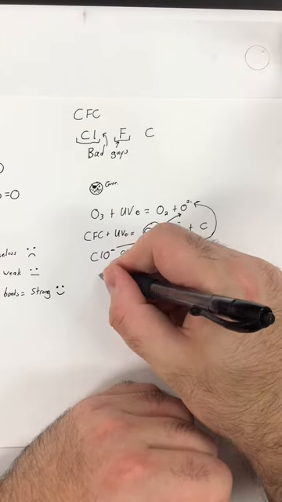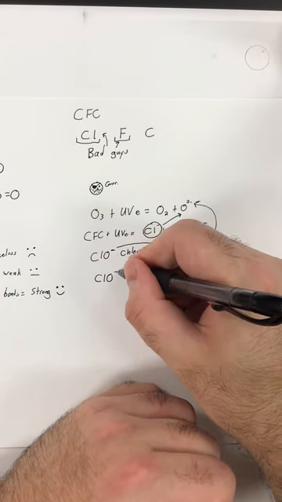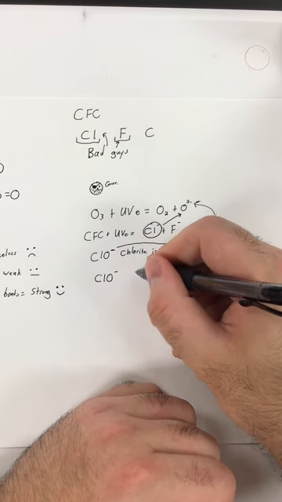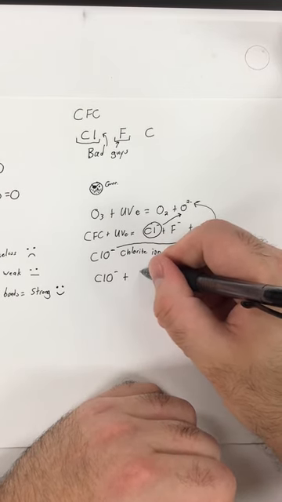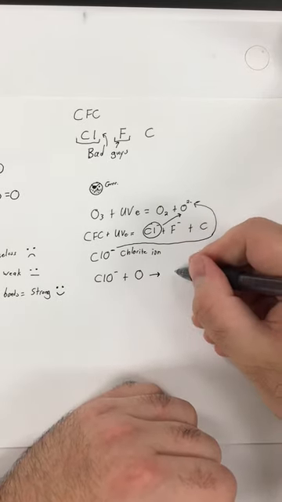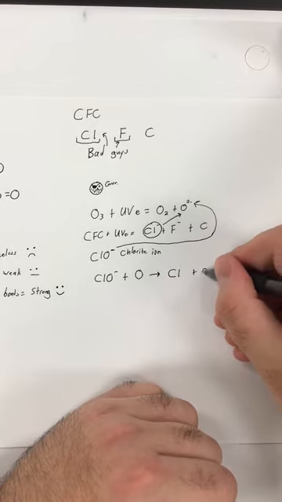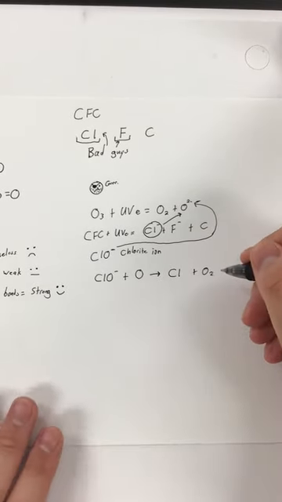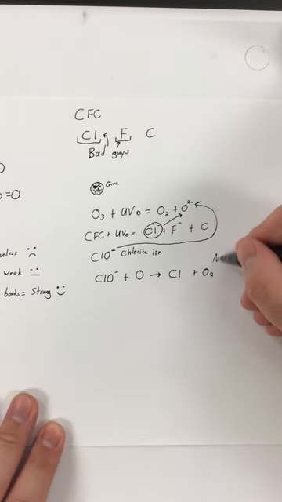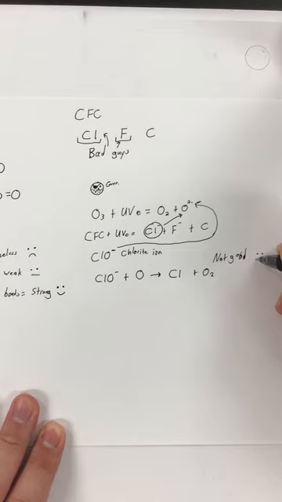Also, chlorite plus oxygen will go back and form chlorine and a regular diatomic oxygen molecule, which is not good at absorbing ultraviolet radiation. That's our neutral phase one.